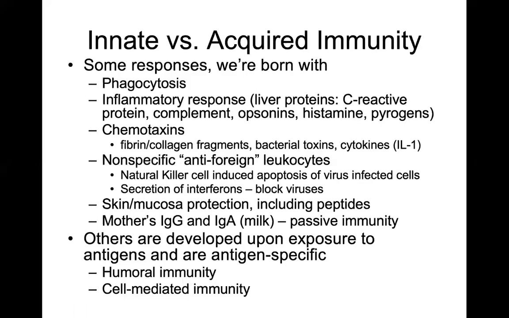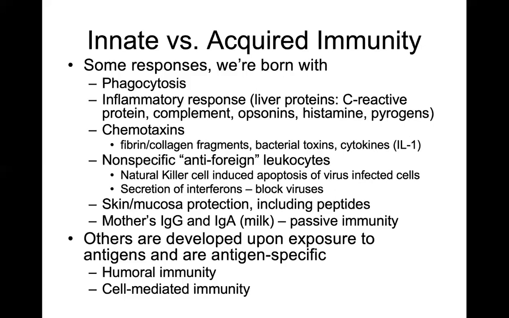So what's not innate? Because there is so much that's innate, right? What's not innate is anything having to do with B and T cell activation. So T cell programming, I think we get to talk about that a little bit, which is so cool. B cells releasing antibodies or being presented antigens. That's a very specific, that's an acquired response to a specific pathogen. Whereas you can think of the innate system working for all pathogens that come in.